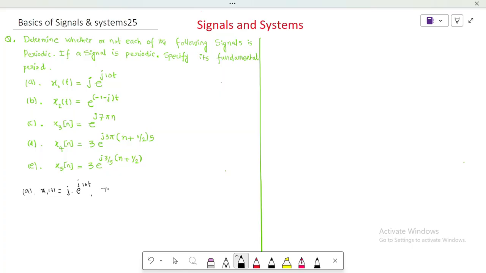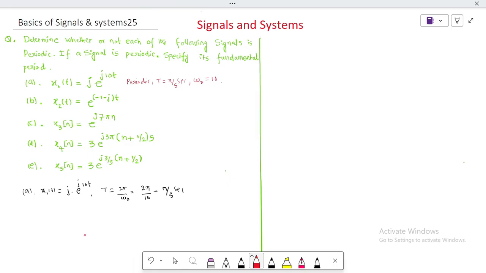The time period equals 2 pi by omega naught, with omega naught equal to 10, so that equals pi by 5 seconds. So this is a periodic signal, with time period pi by 5 seconds and fundamental frequency 10.